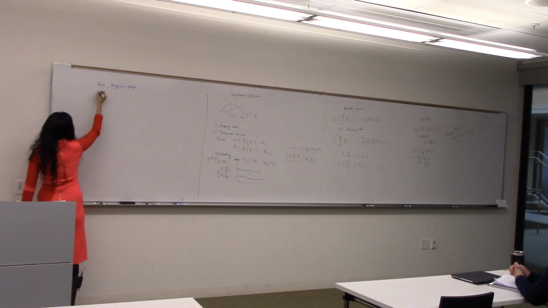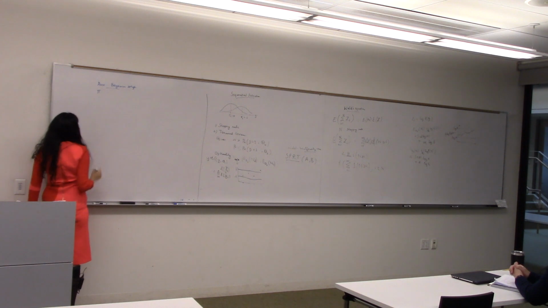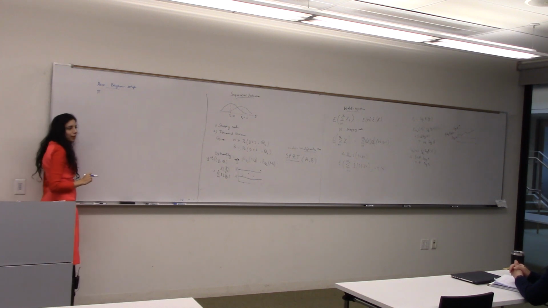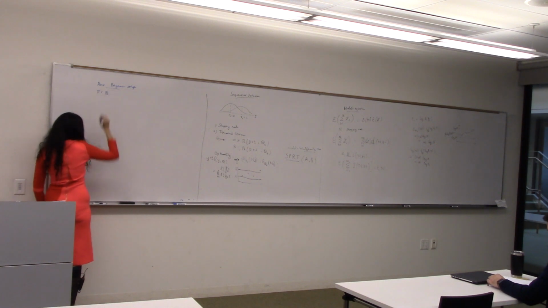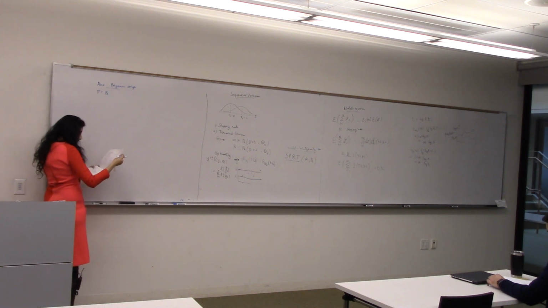So if it's Bayesian, I have, say, my prior distribution. My prior distribution tells me the probability of theta naught. I think let me use the convention here.